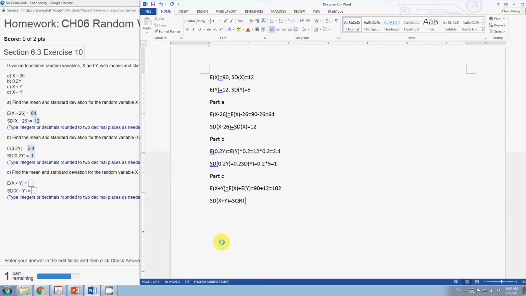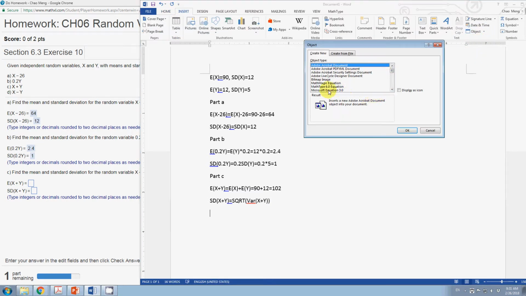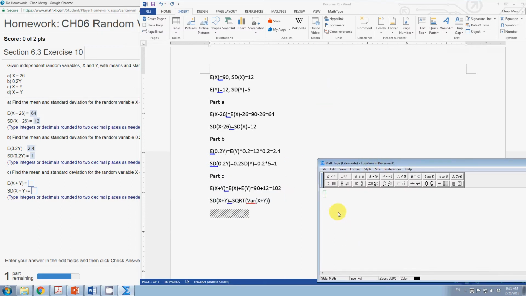So it's equal to the square root of the variance of x plus y. Okay, or let me insert something so that we can be clear. So the standard deviation of x plus y is equal to the square root of the variance of x plus y.